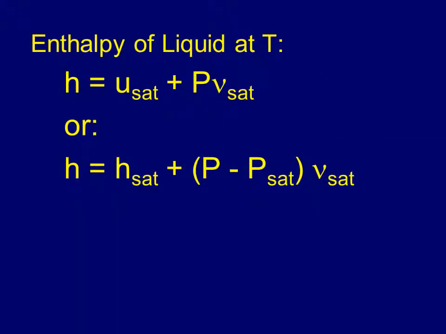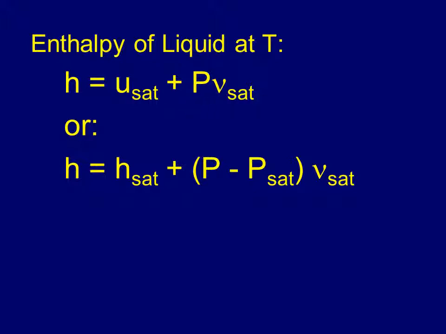Now let's look at the enthalpy of a liquid. In enthalpy you have to be careful, particularly when you're dealing with pumps, where raising the pressure is the most important thing. Now the enthalpy, you recall, is U plus PV. So here we have U saturated plus P times V saturated, and here, instead of the saturated pressure, we use the actual pressure.